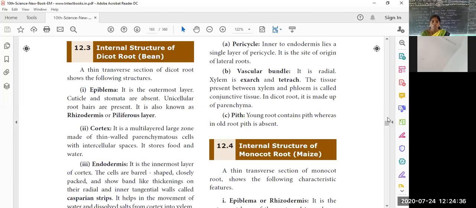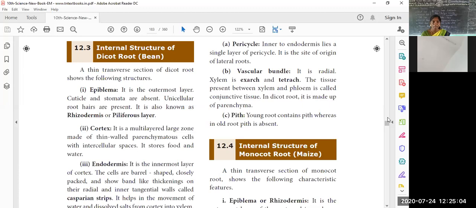Okay, so next cortex. It is a multi-layered large zone made up of thin-walled parenchymatous cells with intercellular space. It stores food and water. Listen, cortex is this region having so many layers made up of parenchymatous cells. Already you may know there are different kinds of cells: parenchyma, collenchyma, sclerenchyma.